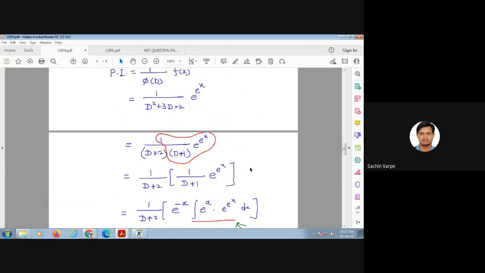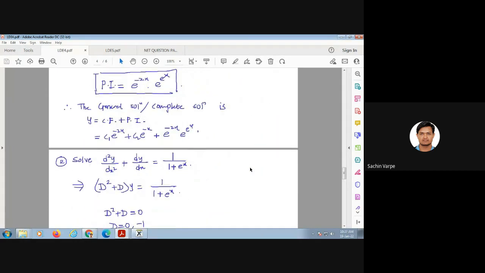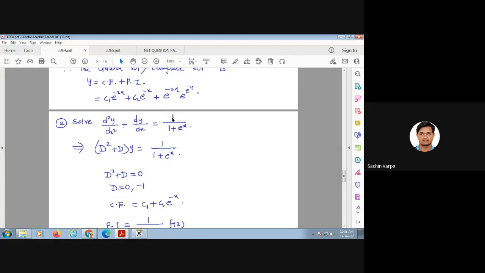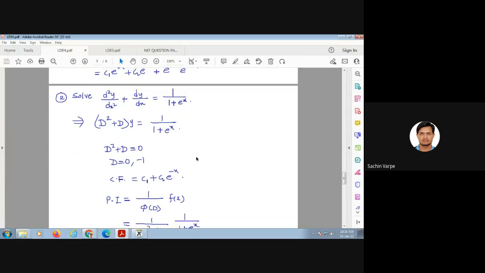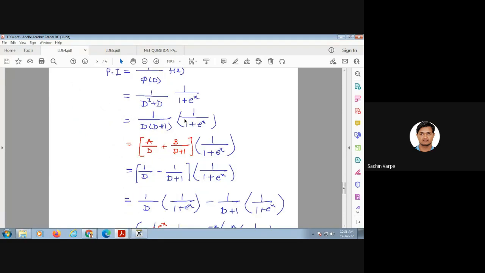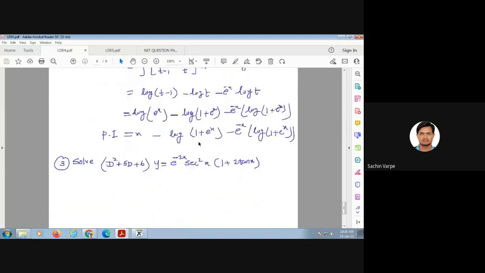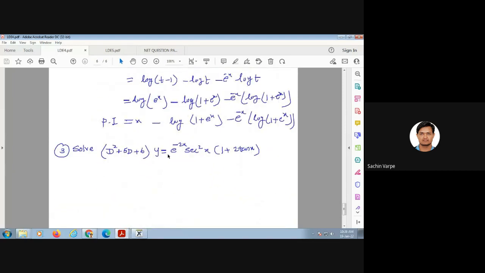Then the second, which is a rational function of the form 1 upon 1 plus e raised to x, we solved for the general solution. And this was given for homework. I hope everyone has tried this.